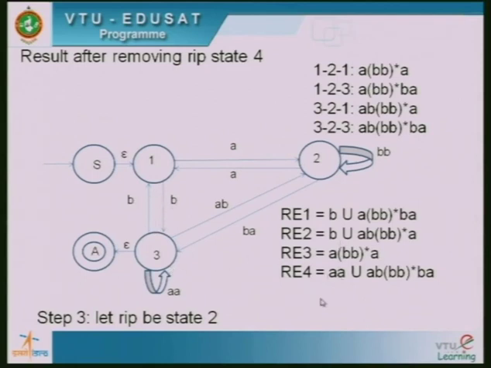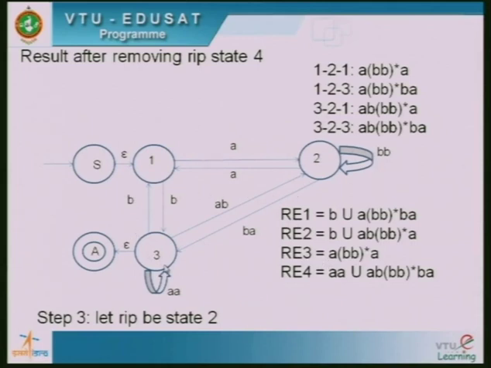Along with that, you can write A, BB star BA. So directly you have this transition, and along with that you can also reach with this transition. The self loops on 1 and 3 are to be modified. On state 1 we do not have a self loop, so you can write the regular expression RE3, which is A, BB star A.